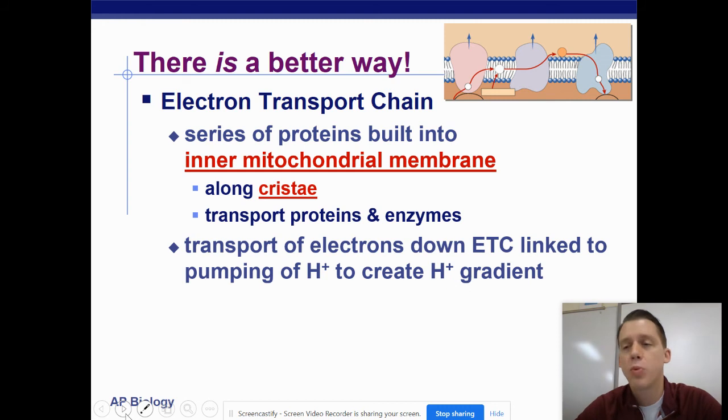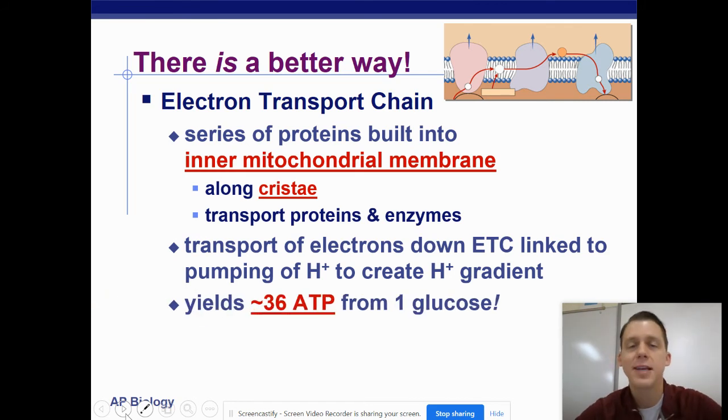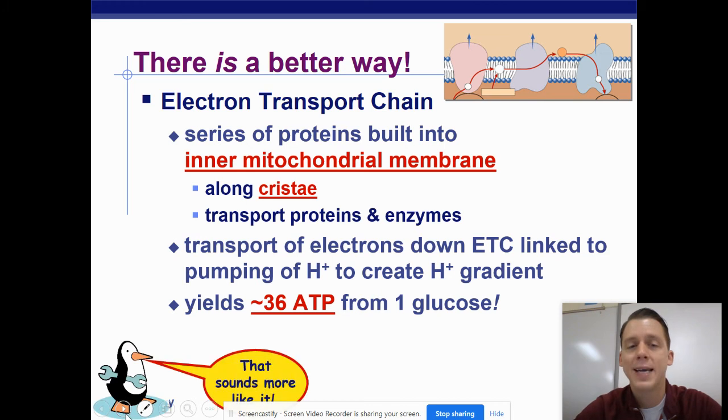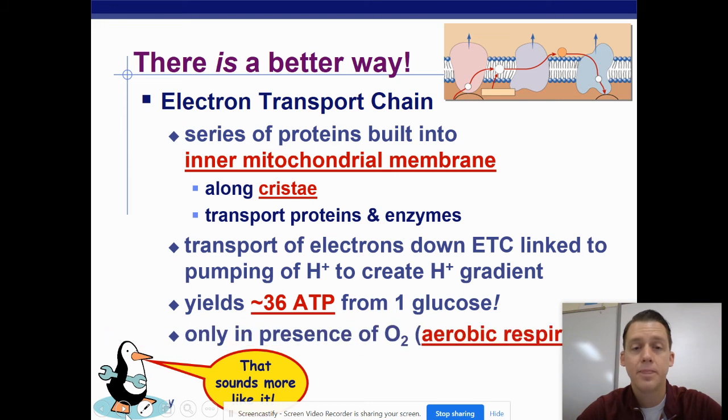We are going to be transporting some electrons down this chain, which is going to help actively transport or pump some hydrogen ions, which are going to create that gradient that we've talked about before. This is going to yield much more ATP, about 36 just from one tiny little glucose, and that is more than enough to keep us alive.